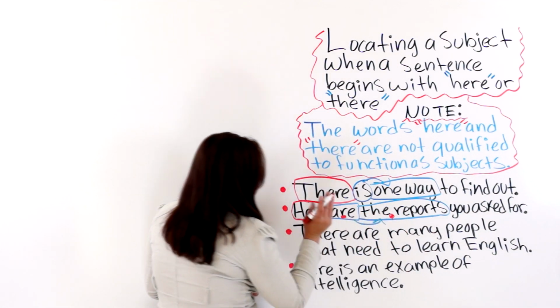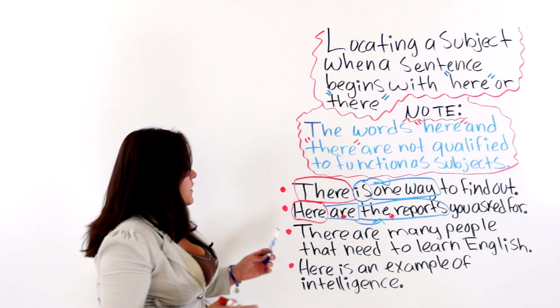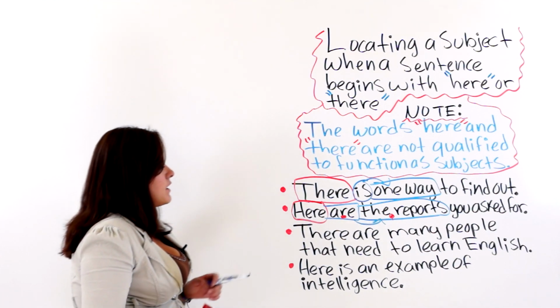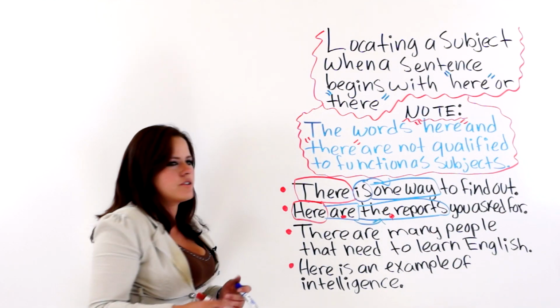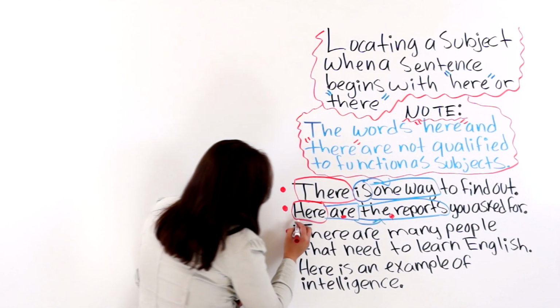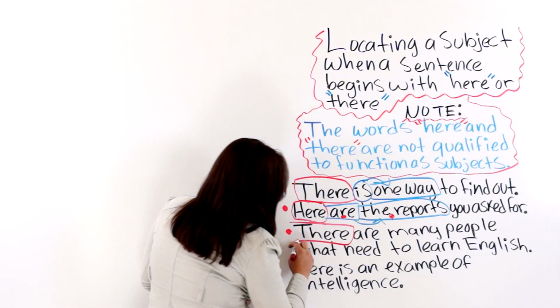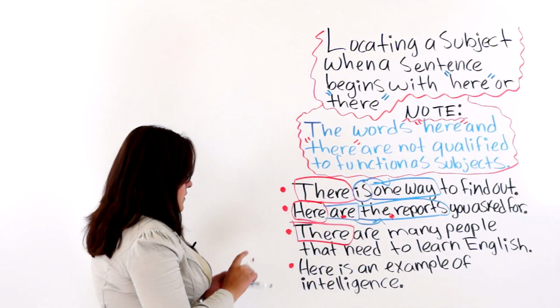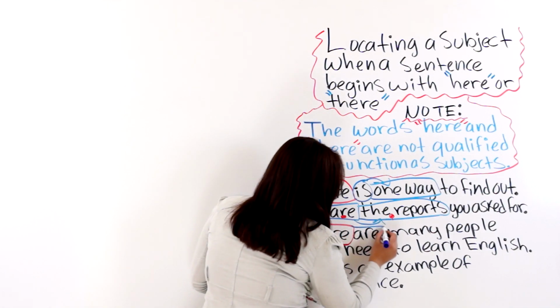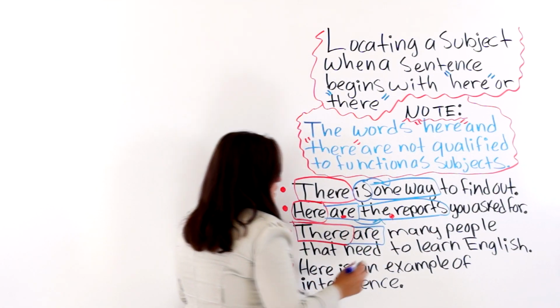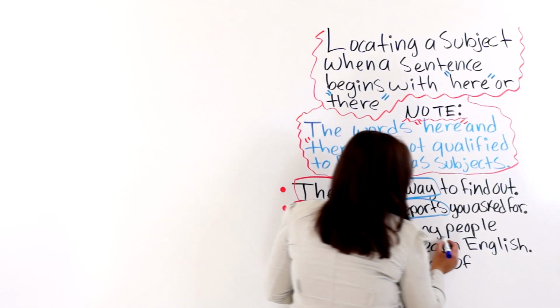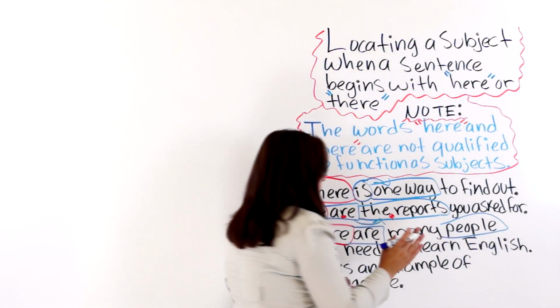and we have a plural verb, are. Okay, the next one says, there are many people that need to learn English. We have there. We know that this cannot be the subject. We have a plural verb, and then we have many people. Plural noun.